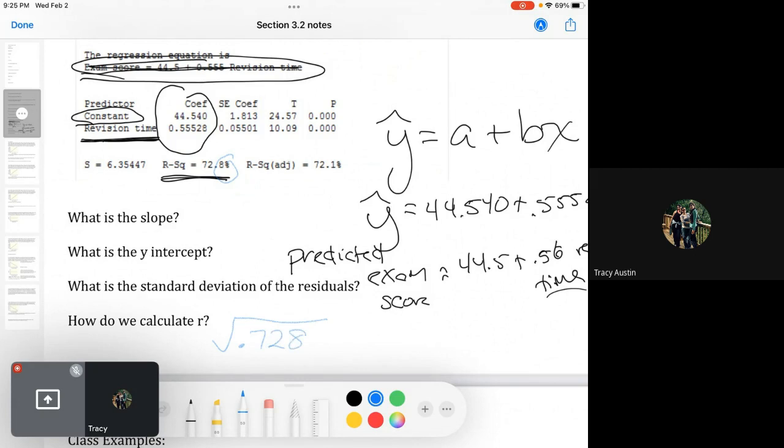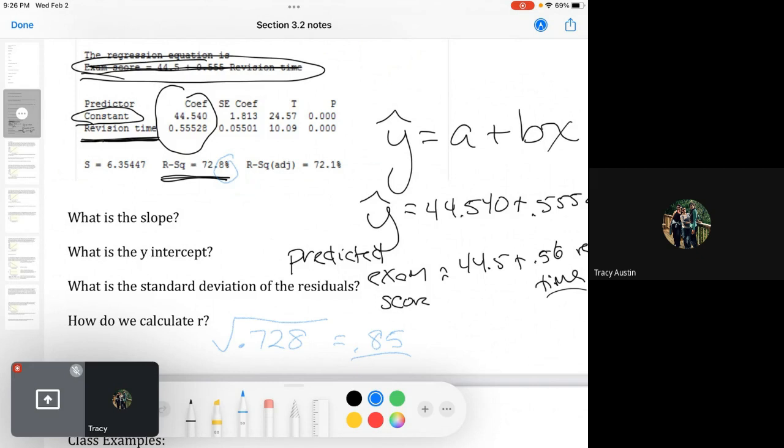And we'll talk again tomorrow about what R squared means, because it's another fill in the blank statement that I need to give you as far as what it means and what it tells us. It's actually some really important information. So we're going to take the square root of 0.728, and we are going to get an R value of 0.85. Now, I do want you to notice something. Okay.